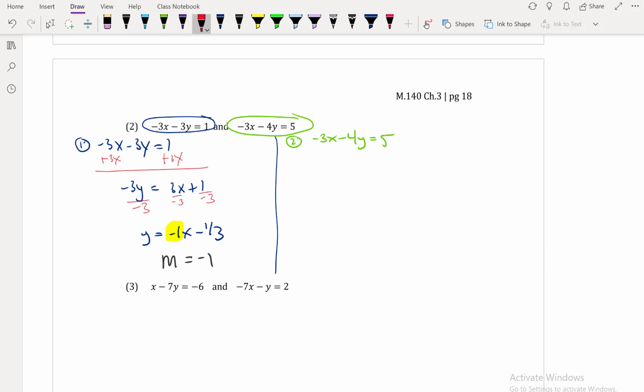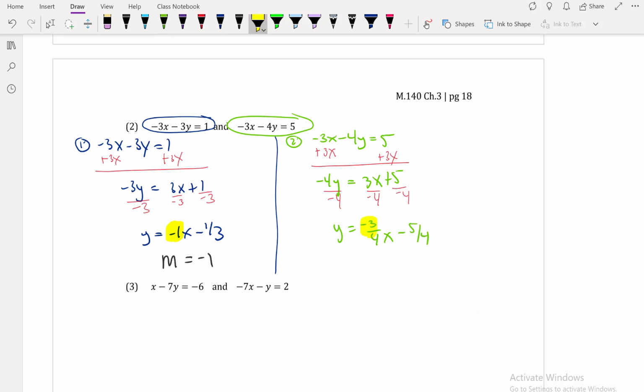So I'm going to add 3x to both sides. So that -4y is equal to 3x plus 5. Now I'm going to divide by -4. So that y is equal to -3/4 x minus 5/4.